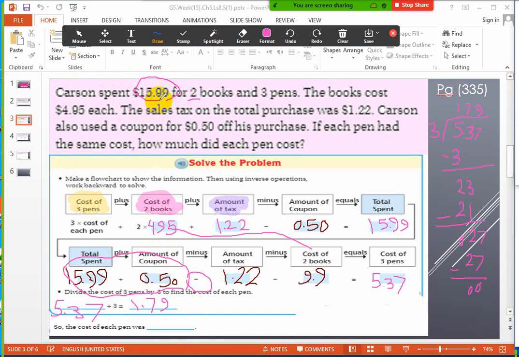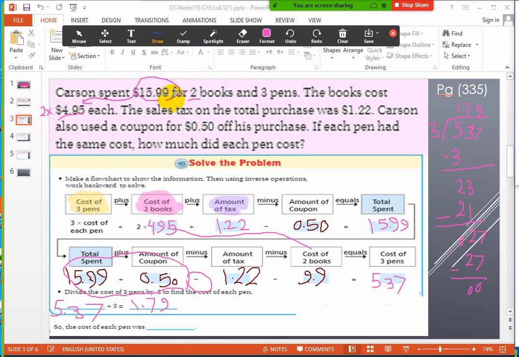What was this money spent on? For the books, where each book costs 4.95. That means the cost for 2 books is 2 multiplied by this money.